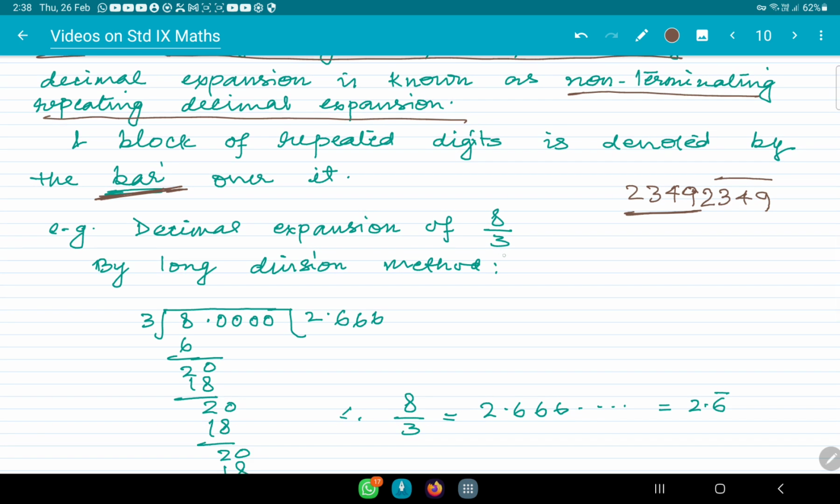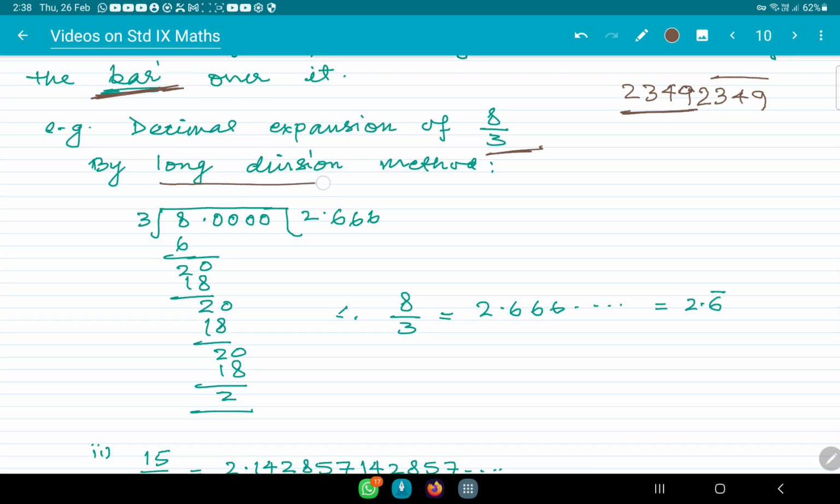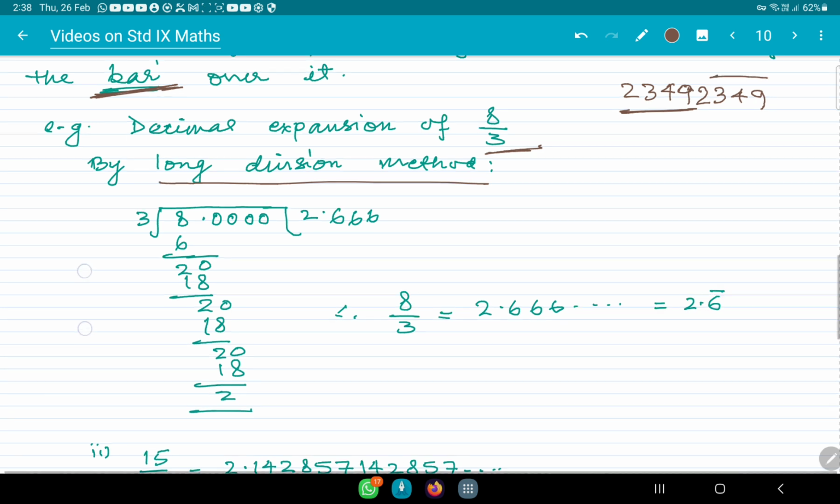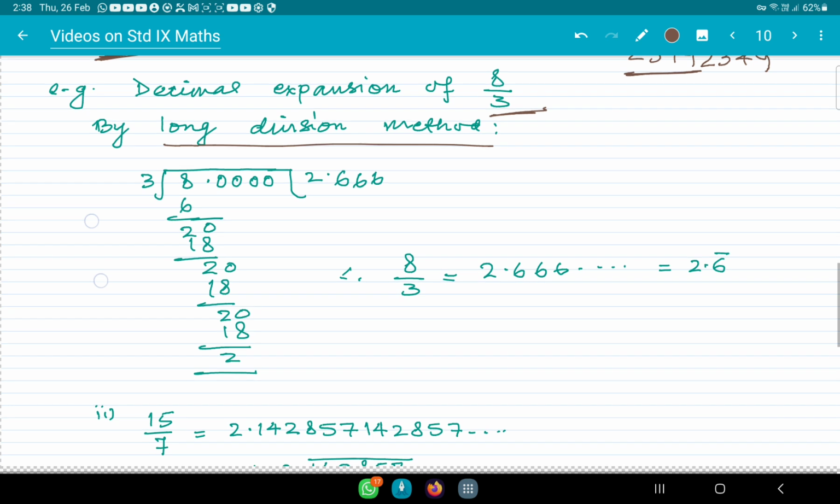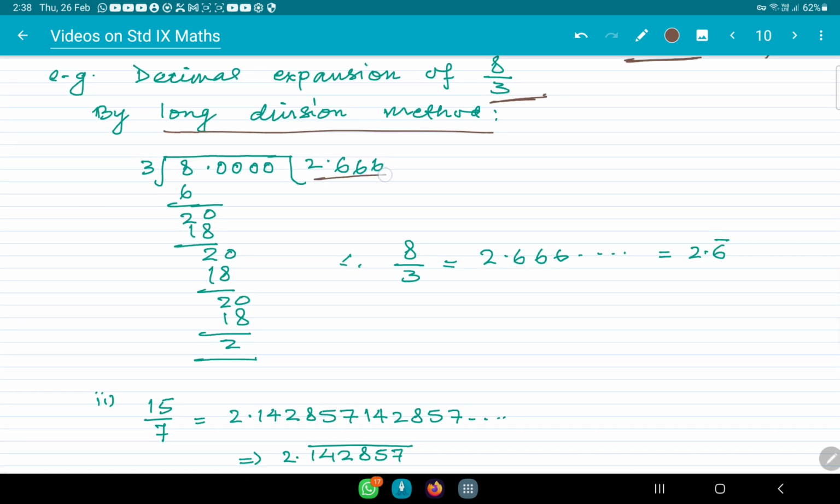Now we are taking one example, the decimal expansion of 8 by 3. It's very easy. By the long division method you can easily divide 8 by 3. What we are seeing here is 2.666, so through this we can see easily that after the decimal the digit 6 is repeating.